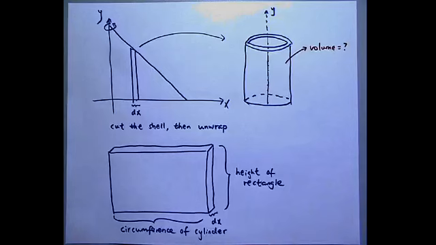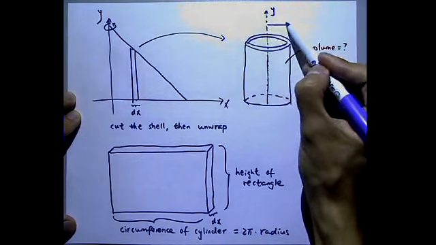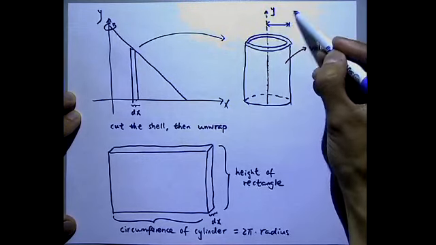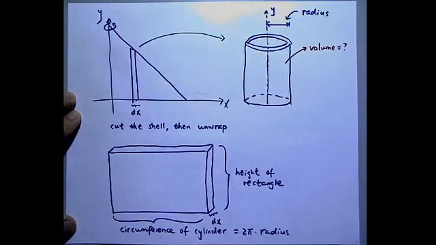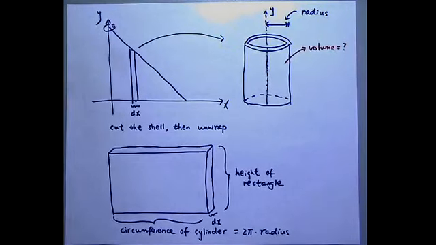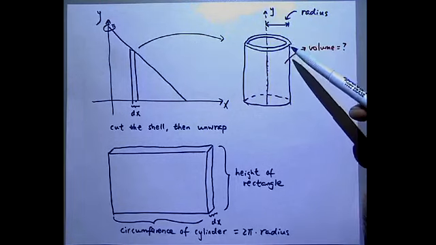Now, how do you calculate the circumference of a circle? 2 pi times the radius. All right, so the radius comes from here. Right, the radius is from the axis of revolution to either the inside or the outside of the shell.